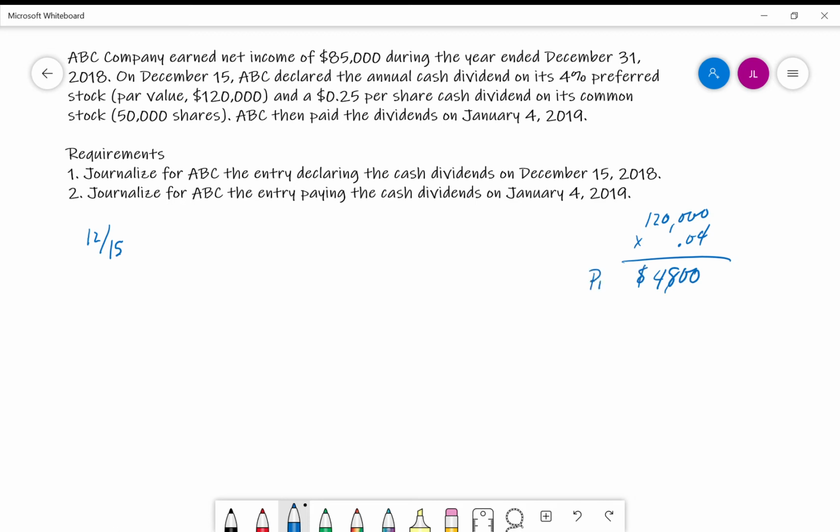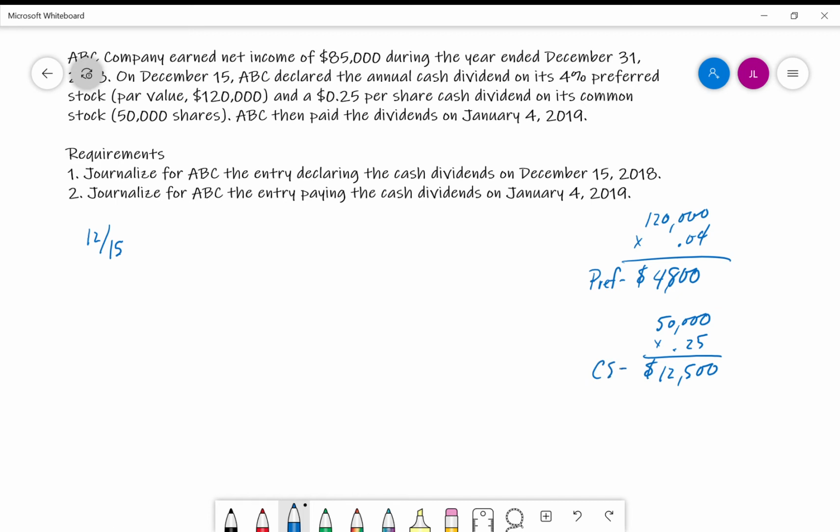So there's our preferred. And then for common, we have 50,000 shares, and we are paying 25 cents per share. So if we multiply that, we get 12,500. This is common.